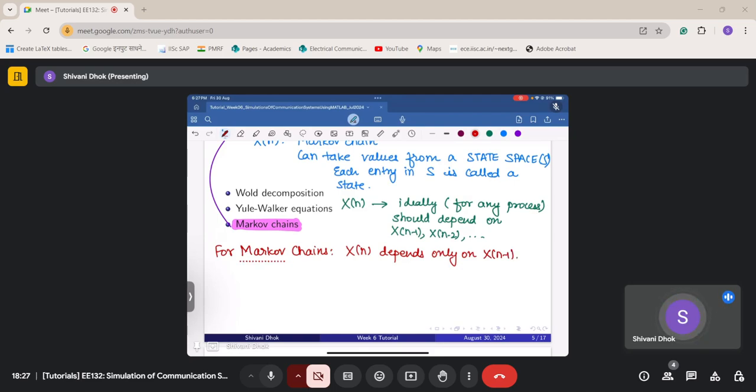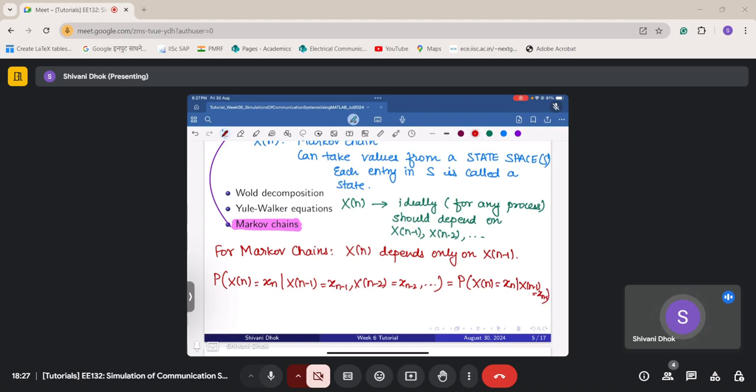Okay, so what it says is the probability of X of n equal to some state, let's say little x n, given X of n minus 1 equal to little x n minus 1, X of n minus 2 equal to little x n minus 2, and so on, will be equal to the probability that X of n equal to x n given X of n minus 1 equal to x n minus 1.